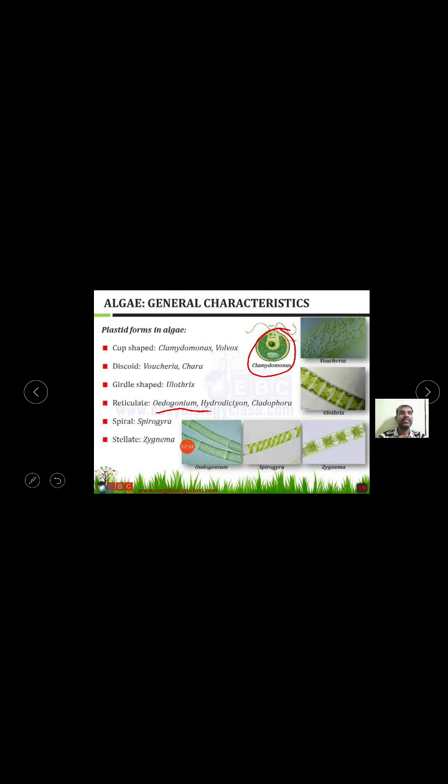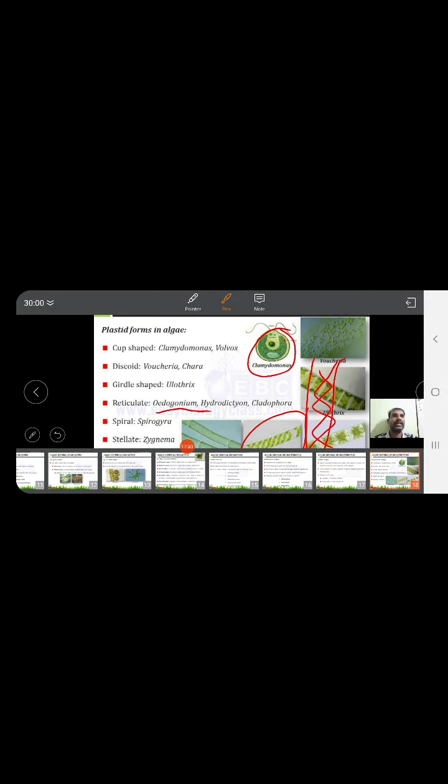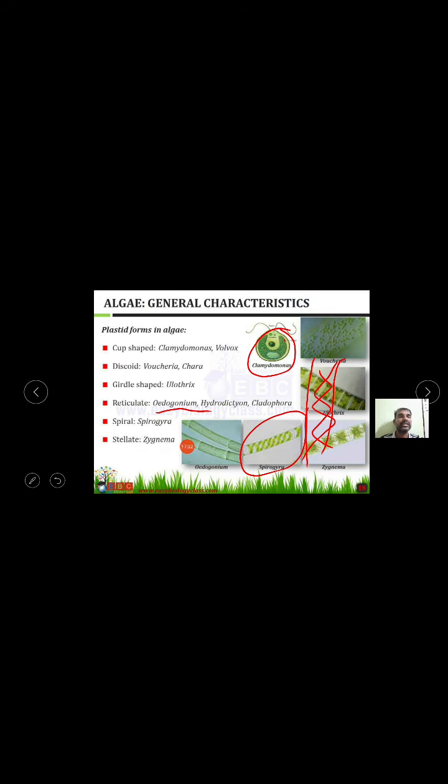The spiral belongs to Spirogyra. In Spirogyra, the pigments are arranged in a DNA-like spiral structure. This is the common Spirogyra in the lower side.